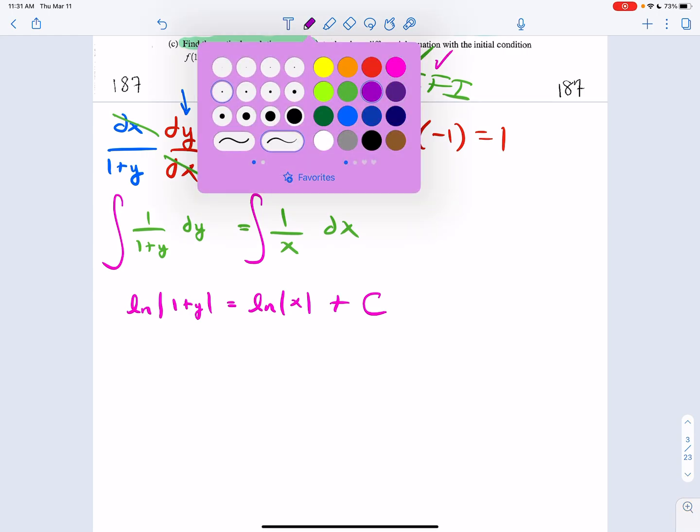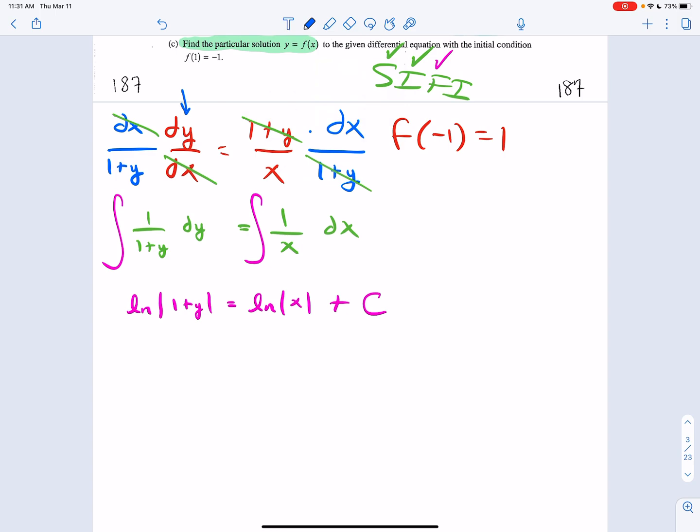So here we go. We plug in our initial condition here. So I know that x is -1 and y is 1 here. So that'll be the natural log of 2 is equal to the natural log of the absolute value of -1, which is 1.